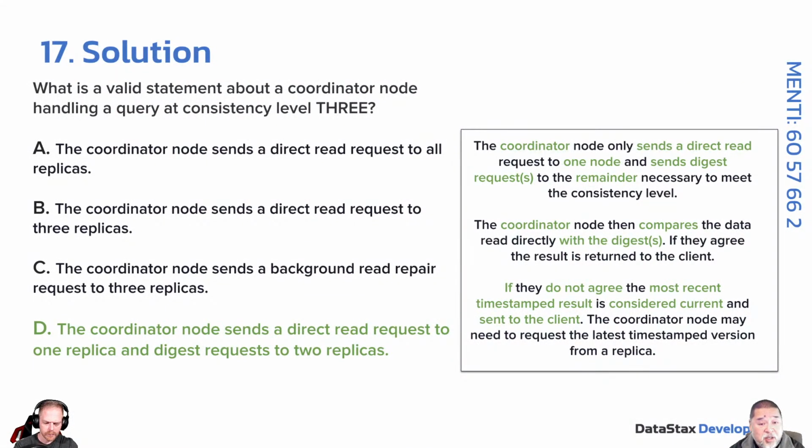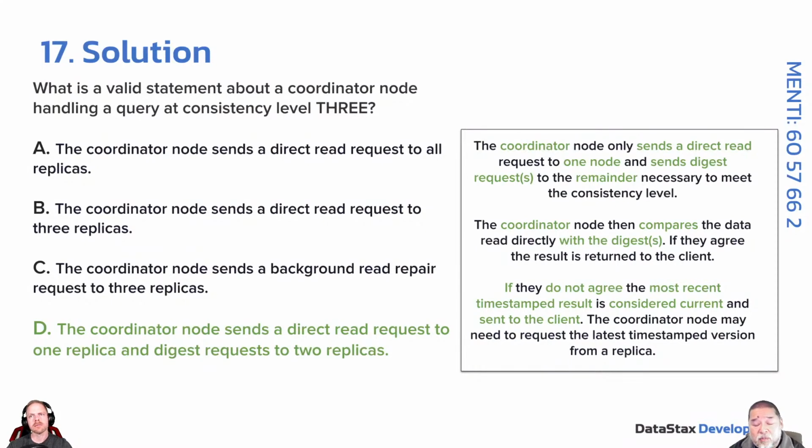It's possible that they don't match, in which case latest write rules, and along with those checksums or digests, the coordinator knows the time of the write, and it accepts the digest. It says, I got a digest with a more recent write from node A. It now makes a further request to node A to get the real data, the data it considers to be up to date, and then it sends that back to the consumer.